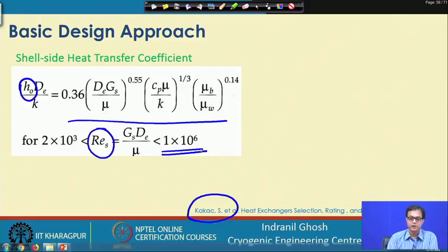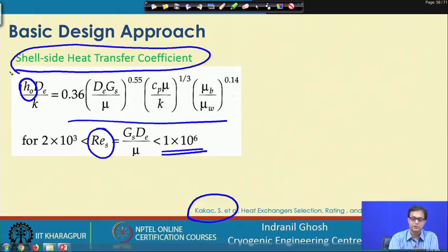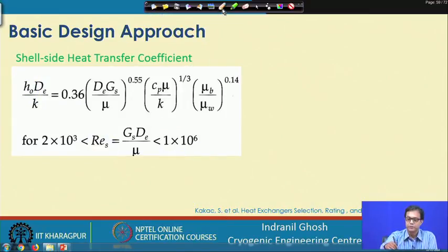So, for this range of Reynolds number, we can try to estimate the shell side heat transfer coefficient.